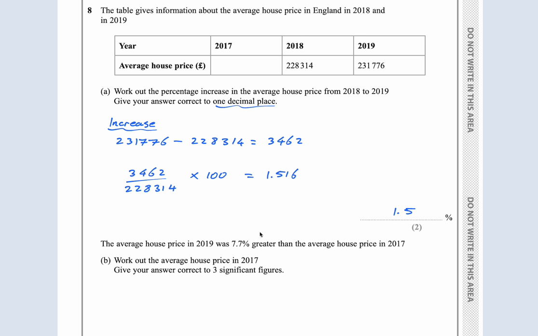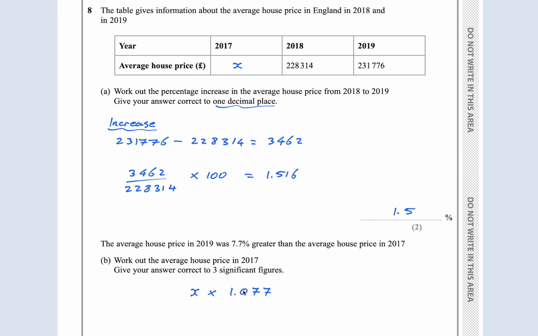3 significant figures. Okay, I'm going to call this X. I don't know what it is. So X times, now I'm going to increase whatever this is by 7.7%. To do that, I multiply by 1.077.